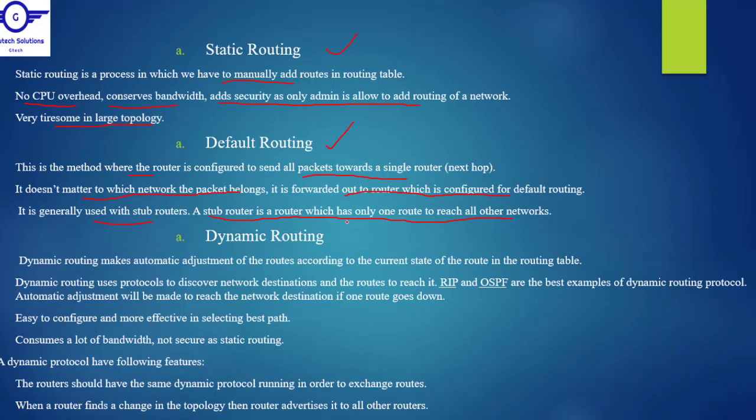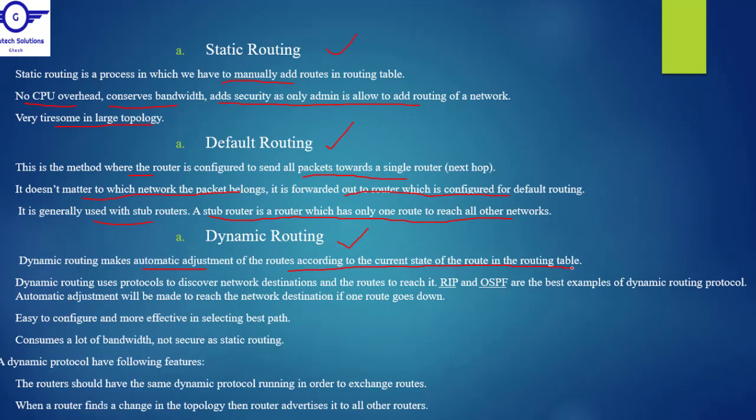But what we will dwell much of our time on is dynamic routing. Under dynamic routing, the router makes automatic adjustment of the routes according to the current state of the routes in the routing table. Dynamic routing works based on the current routes in the routing table.